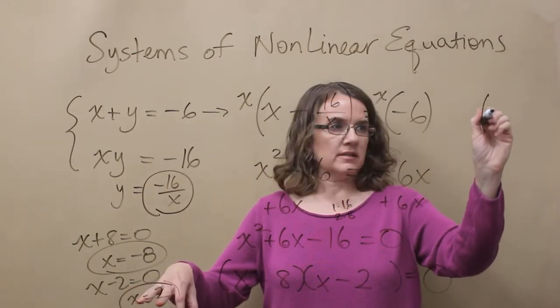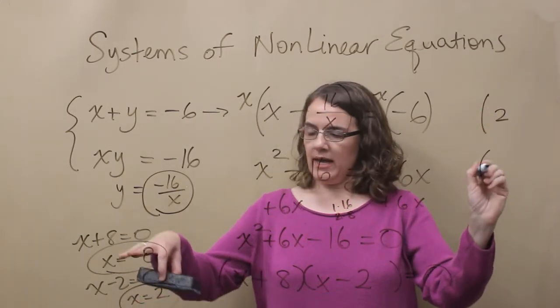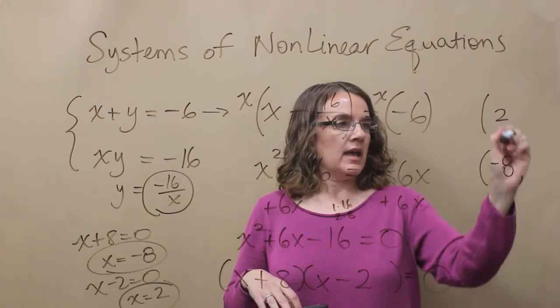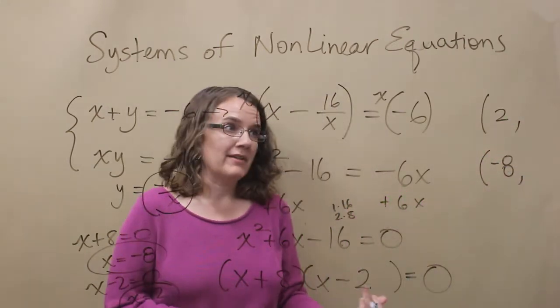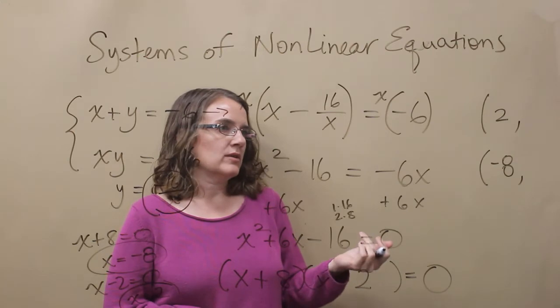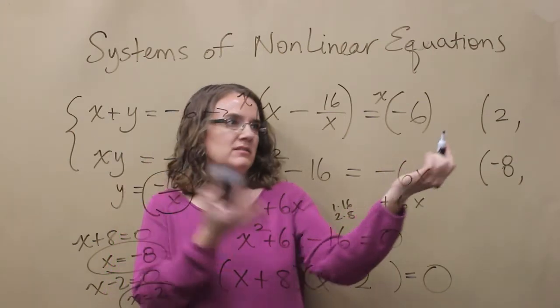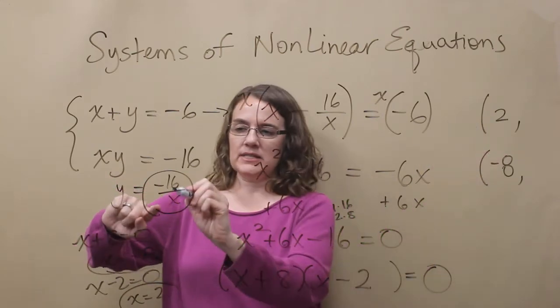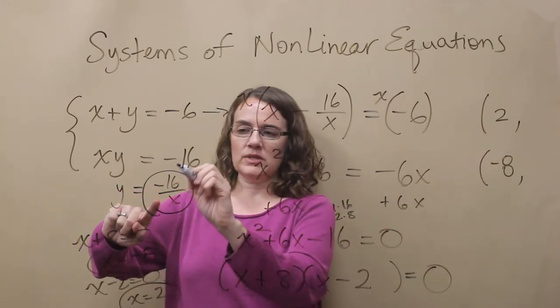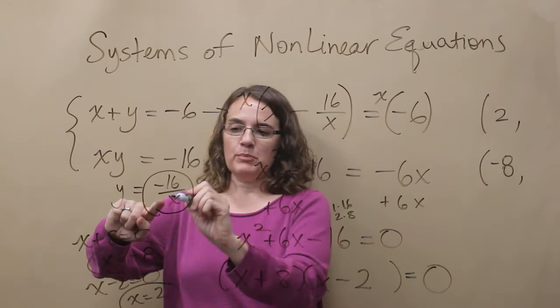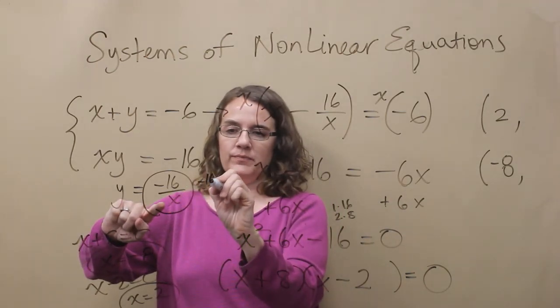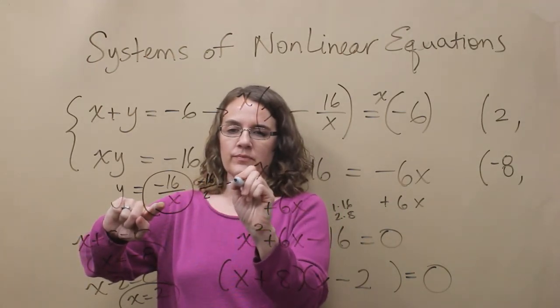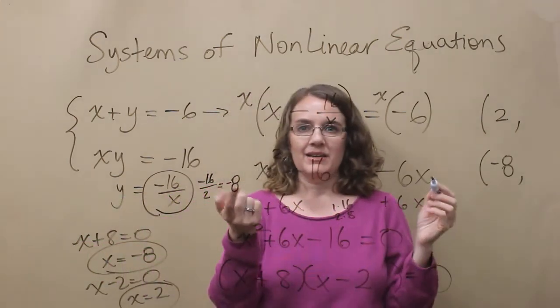I know the x is 2 and x is negative 8. And now we've got to find the corresponding y value. It takes really quick work where if I, for instance, use y is equal to negative 16 over x, and I put the 2 in here, it's equal to negative 8.